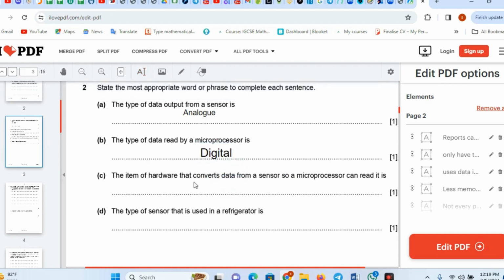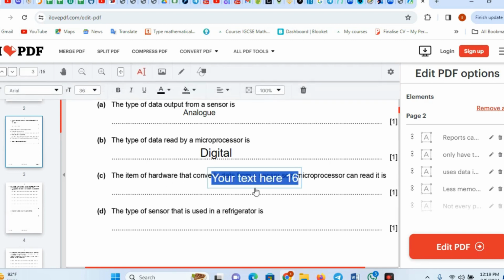C says the item of hardware that converts data from a sensor so a microprocessor can read it is dash. Which hardware converts data from a sensor so a microprocessor can read it? What do we call that? It is called analog to digital converter, or you call it ADC.